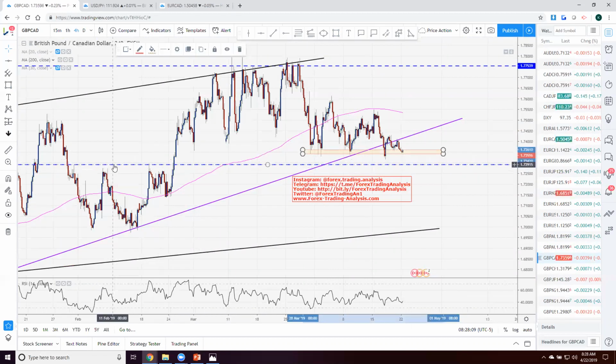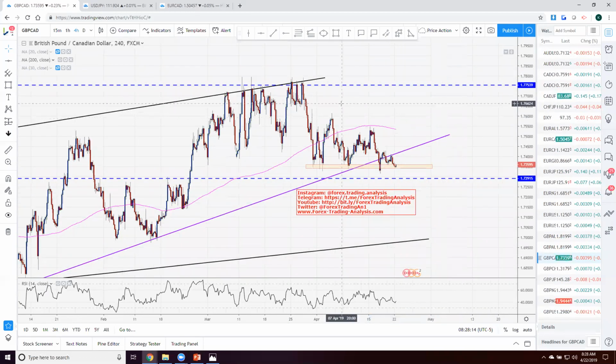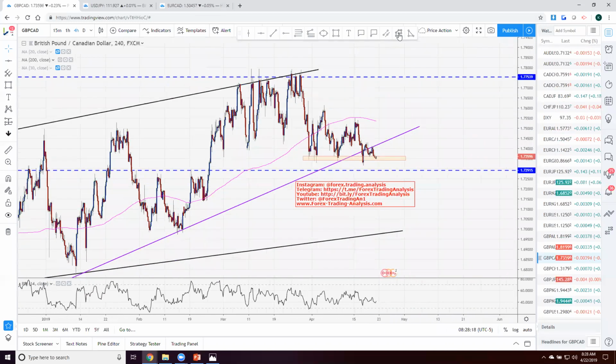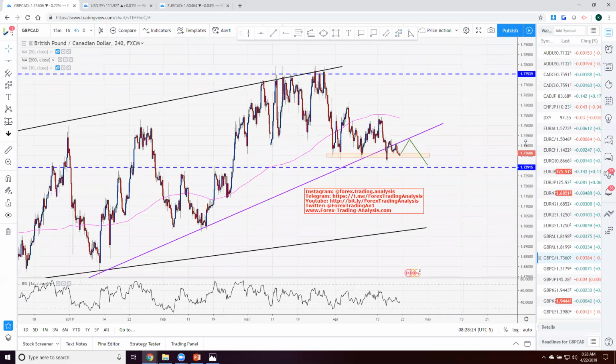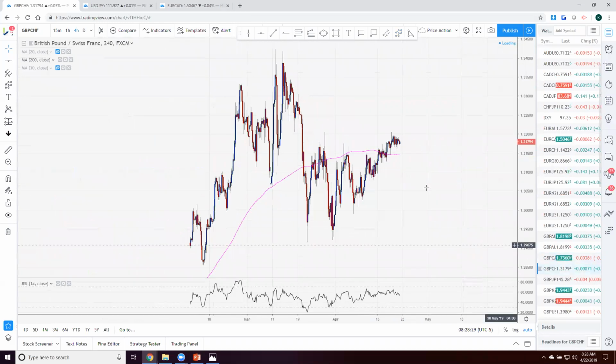Still in a resistance support zone. So no clear direction from here. Could see a retest of that lower. That's essentially all I see on this pair.